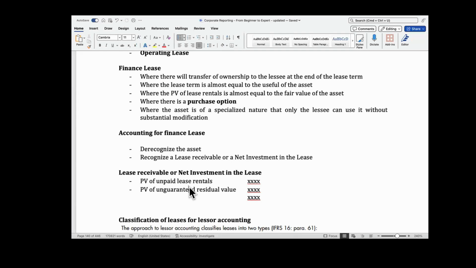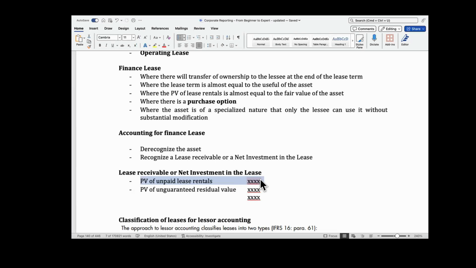So they always agree that upfront. That one we call guaranteed residual value, because it is a residual value that the lessor knows. In fact, we will usually include the guaranteed residual value as part of the unpaid lease rentals because it's part of the receivable of the lessor.